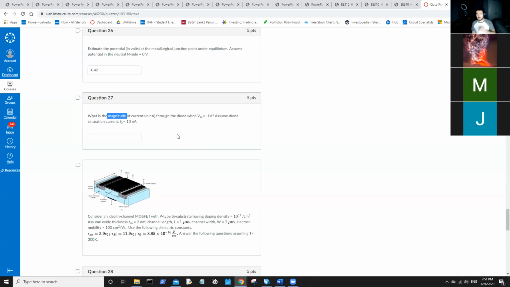So this question, you could do without any math if you knew the principles of the PN junction and how this works. VA is negative. If VA is negative, that means you can assume the system's operating in reverse bias. When a system's operating in full reverse bias, which is determined by the applied voltage, because you can operate in a very slight region of reverse bias where there's just a little bit of current flowing properly.